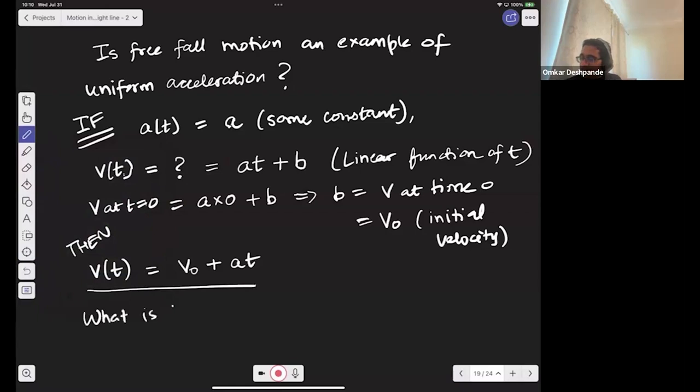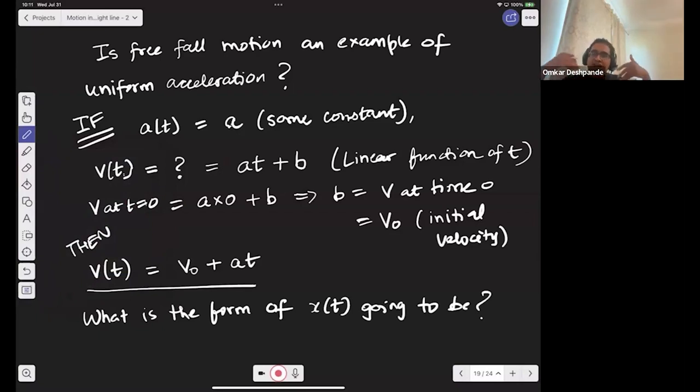What about, okay, let's go one step further and say, now if v is this, what is the form of x of t going to be? I want a function x of t which, after I take the derivative, when I do dx by dt, I should get a function that is linear.